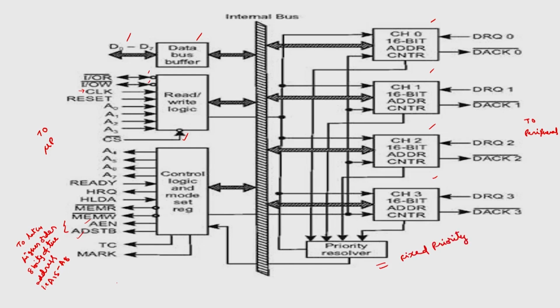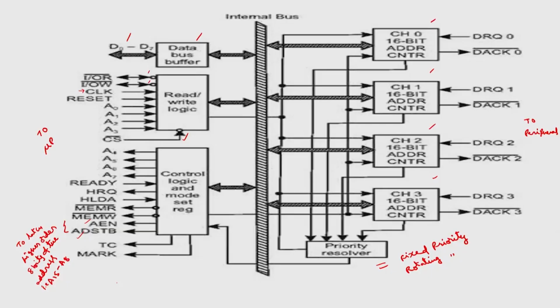Fixed priority will fix the priority, whereas in rotating priority we can follow some rule, like the channel which was recently served gets the lowest priority. This also can be programmed using the mode word registers.